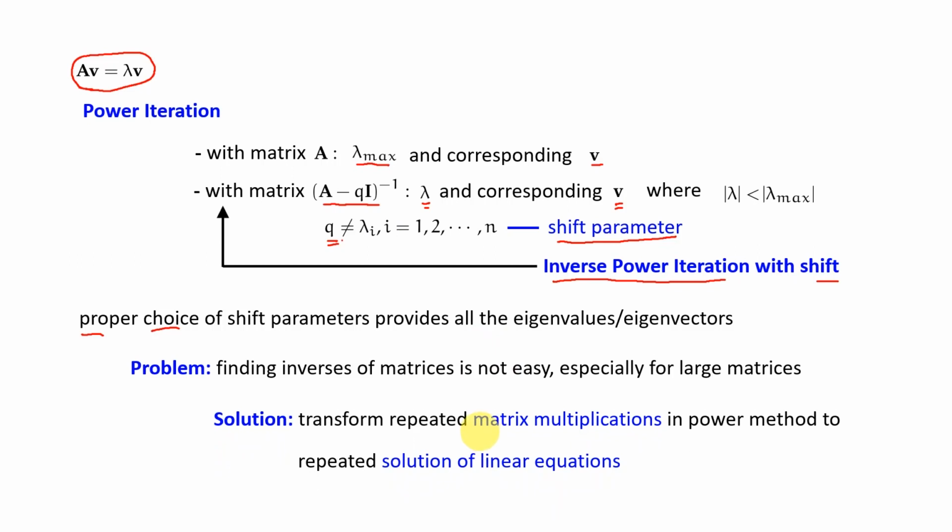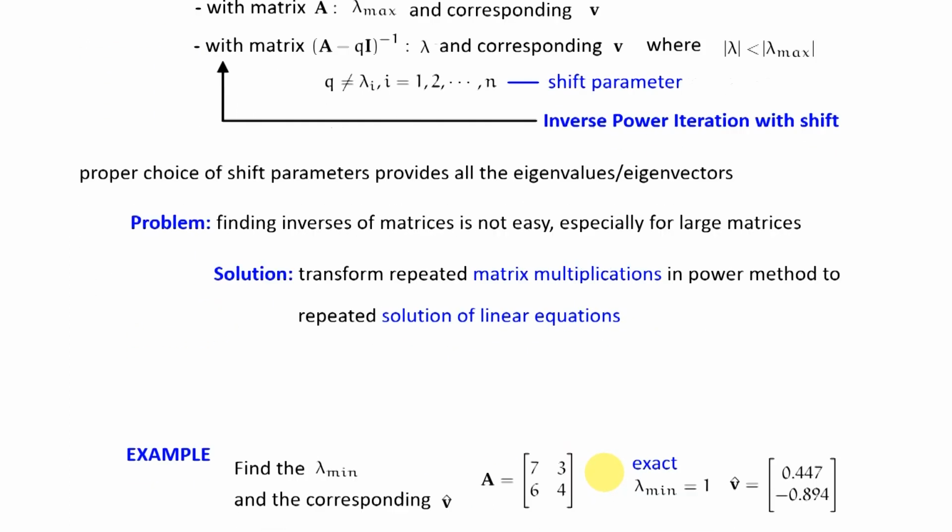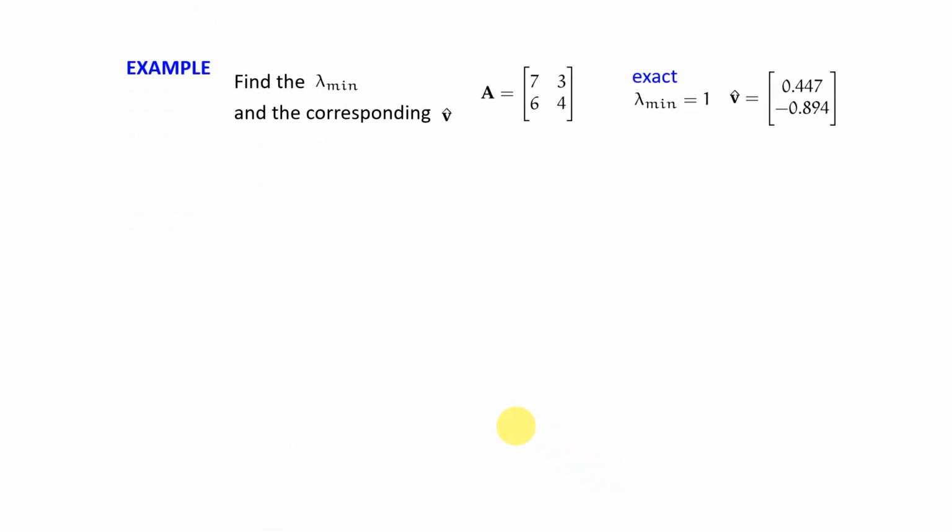What we do is that the repeated matrix multiplication, which is the key of the power method, when we bring it over the inverse matrix, we transform it into a repeated solution of a linear equation. This is the key of using the inverse power method. So let's see what it is.